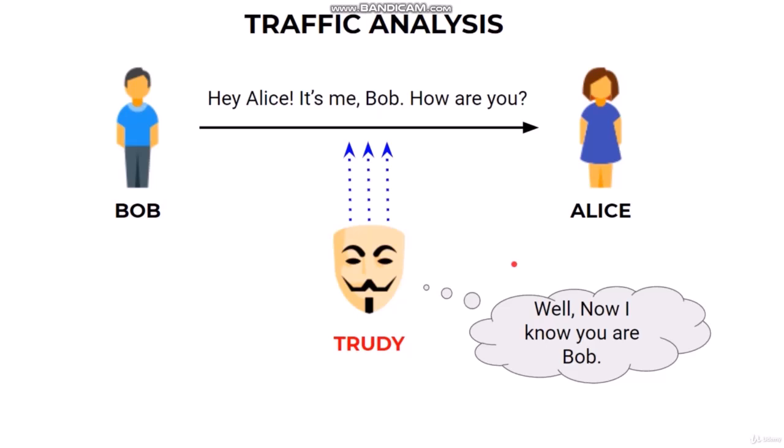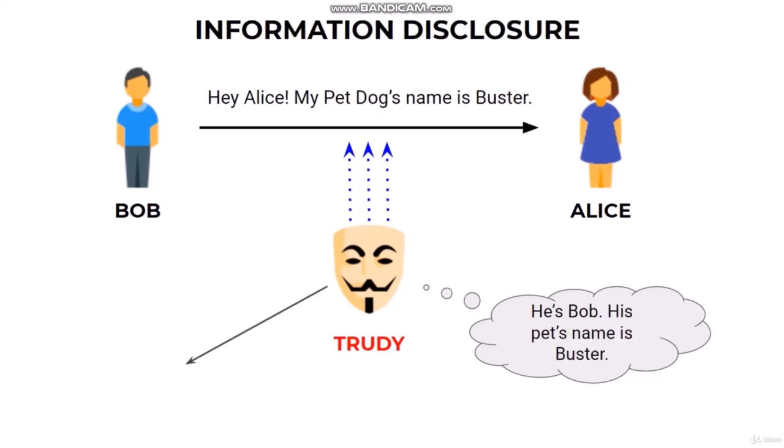Meanwhile, Trudy, since she's analyzing the traffic or the communication between them, also knows that Bob has sent a message to Alice. There is no effect to the system, but now Trudy knows that Bob is sending messages to Alice, and can analyze the conversations between them.